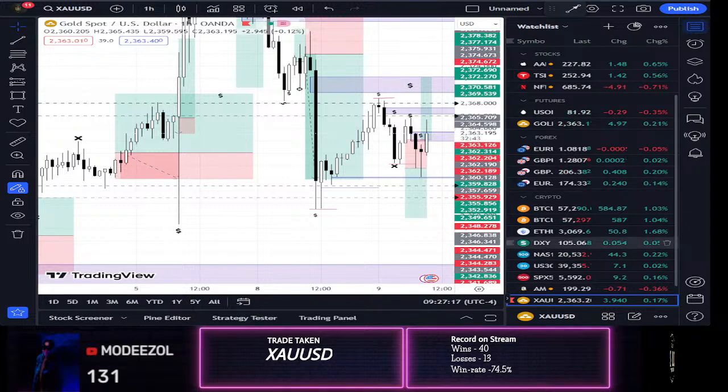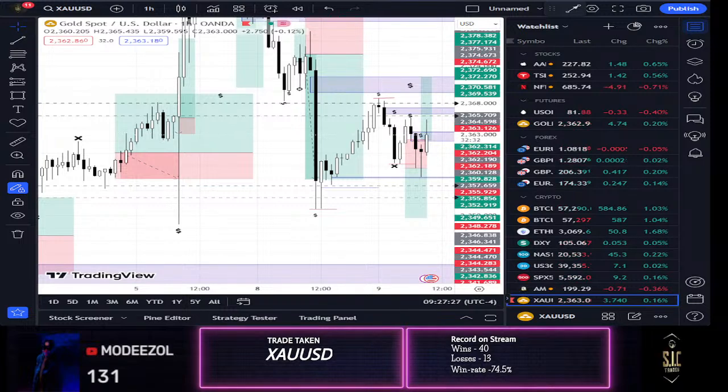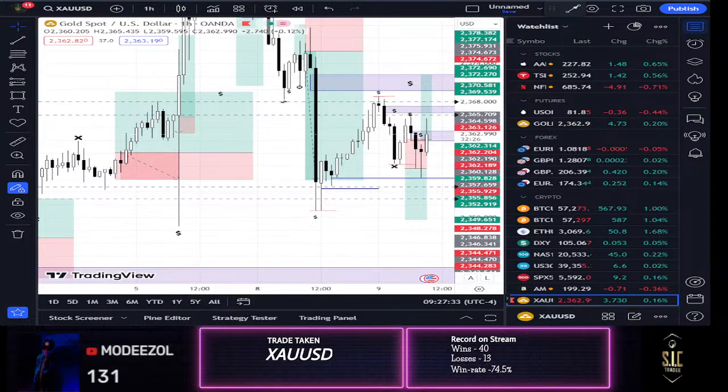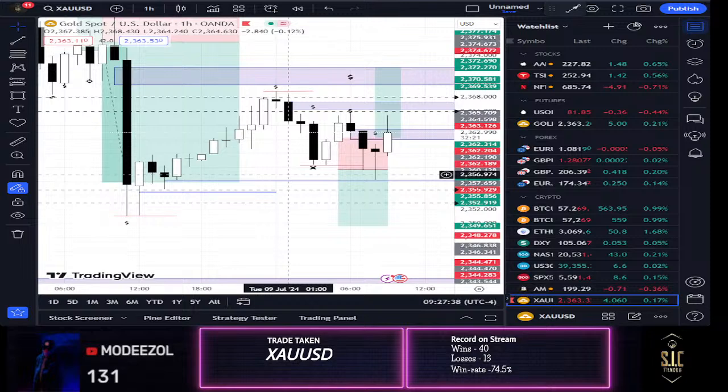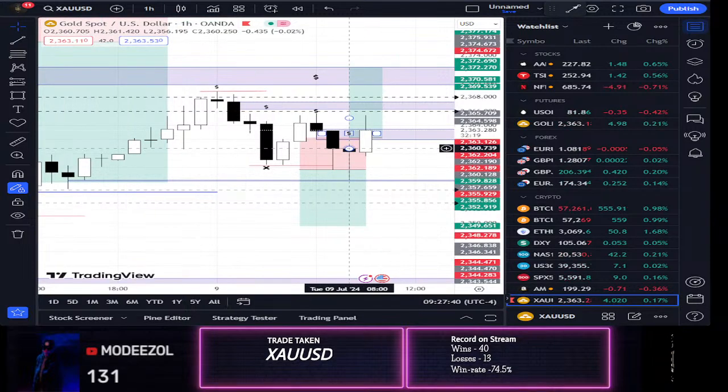Still checking that price. I'm already at break even right now, and I'm just going to let her ride now. Whether we get up to TP 2 or 3 or not, get up into this insufficiency here. Maybe she pulls back down into this candle.